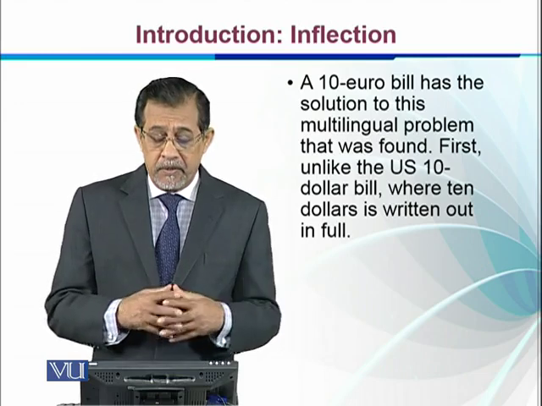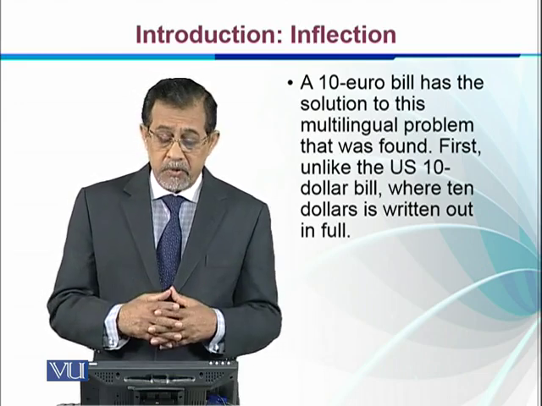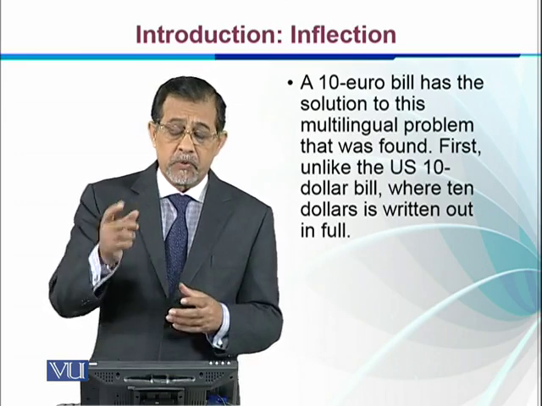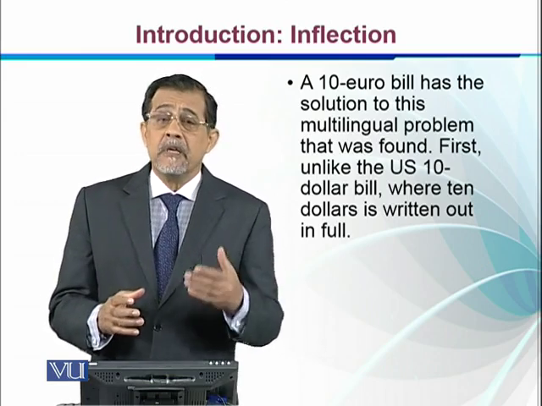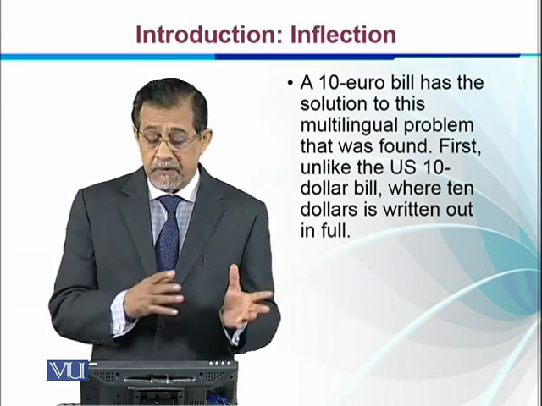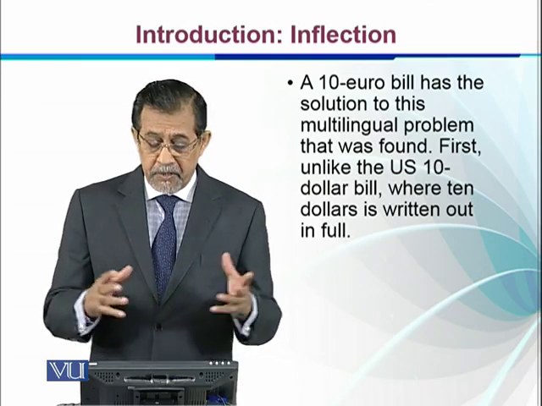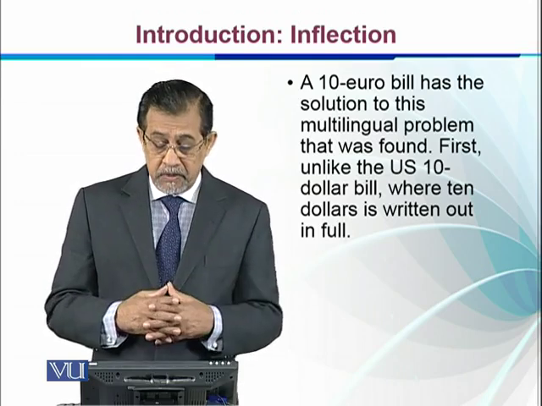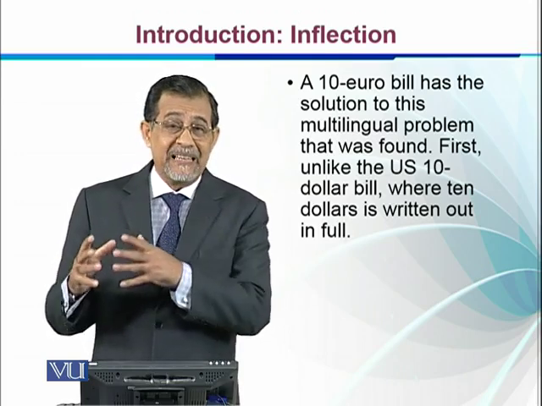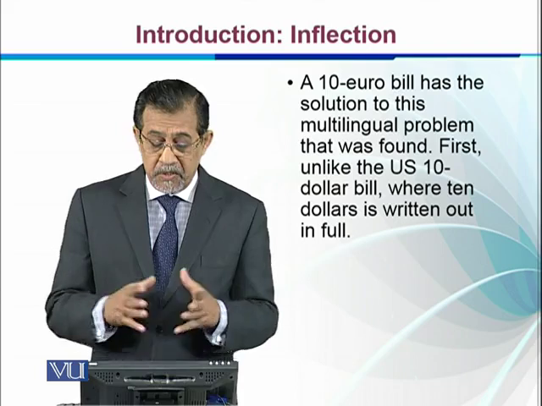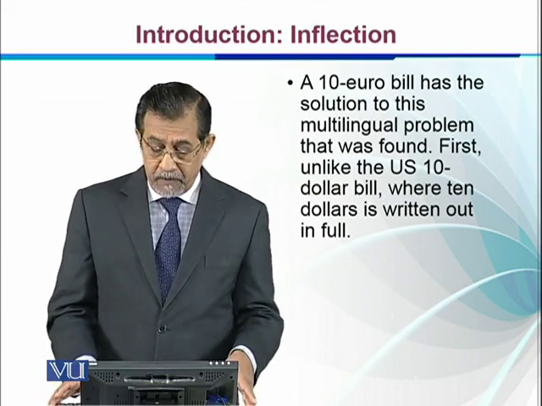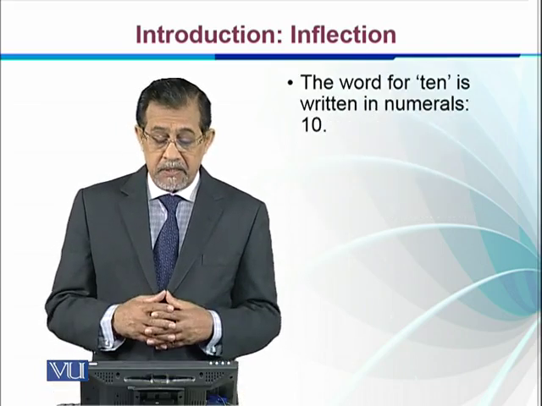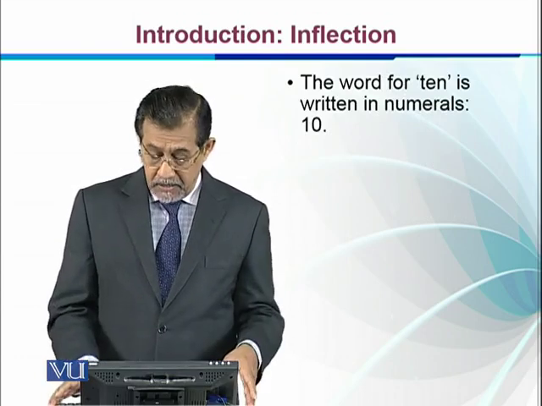A 10 euro bill has the solution to this multilingual problem. What they have done is use a numeral instead of the word. First, unlike the US $10 bills, where the amount is written out in full, the word for 10 is written as a numeral.